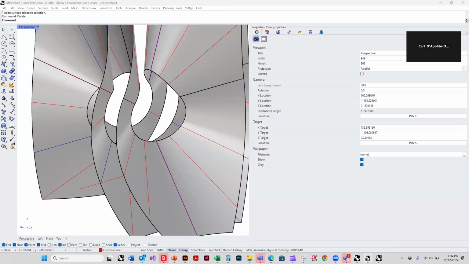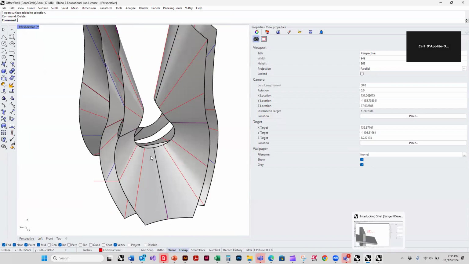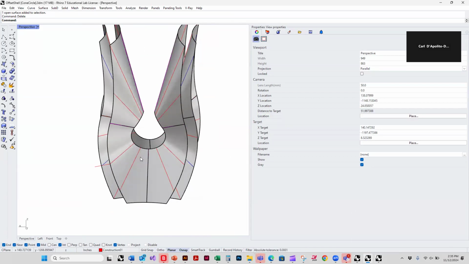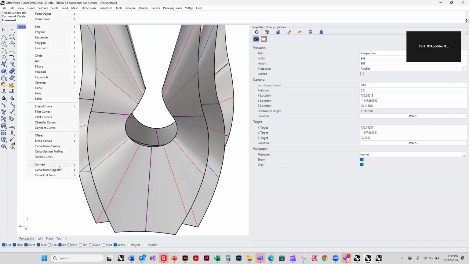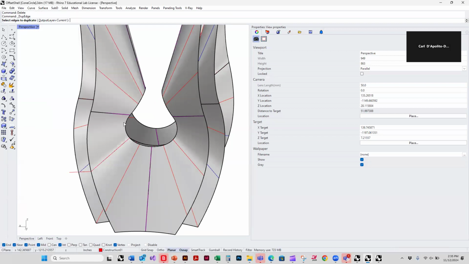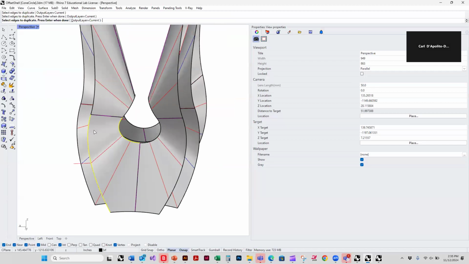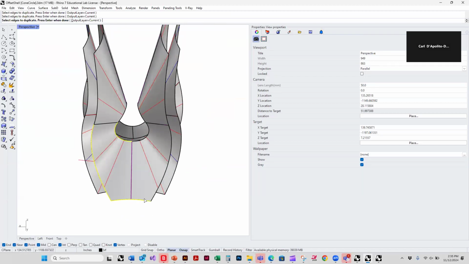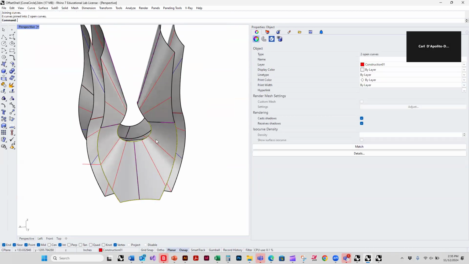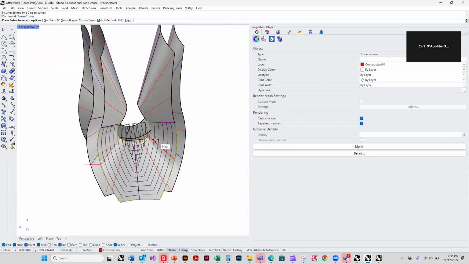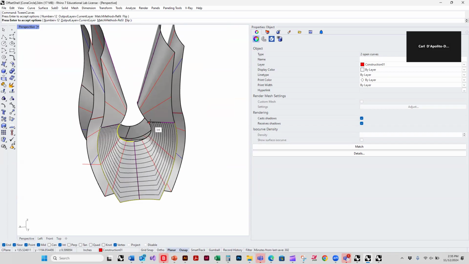what I did is I took the inner edge and the outer edge like that, joined them, and then I tweened them to create a bunch of curves.